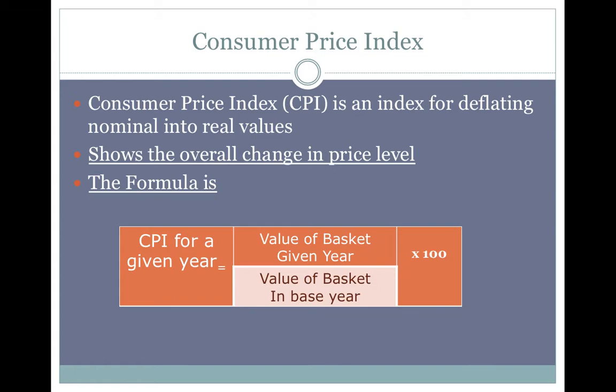So the formula for a CPI in a given year is we take the value of the basket in a given year, so how much it costs to buy everything in that given year, and we divide it over the base year.